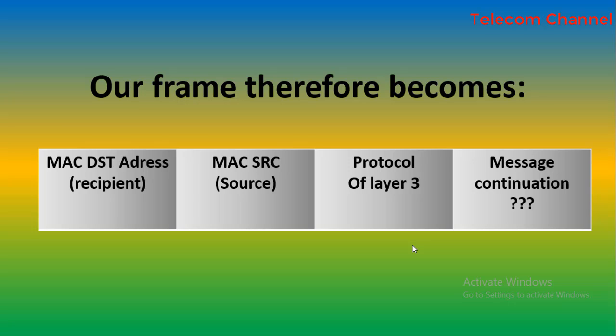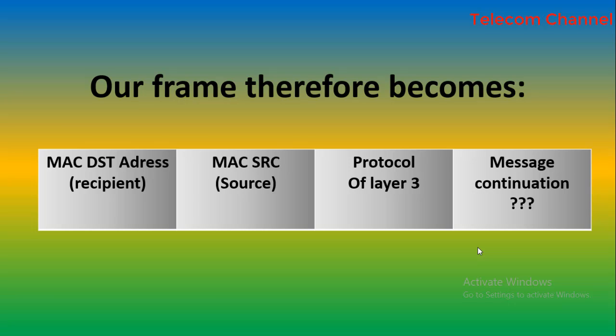Our frame therefore becomes like this: destination MAC address, source MAC address, protocol of layer 3, and then the message.